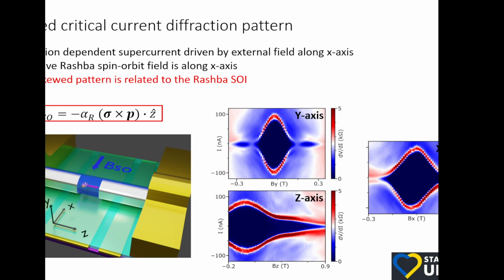And so when you apply external field along x, you add or subtract from the spin orbit field. So the fields are not perpendicular, but they are aligned. The spin orbit field is in the same direction as the Zeeman field. And so for one spin direction, you will have a bigger one, for the other one you have a smaller one.